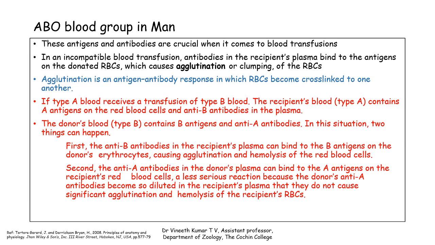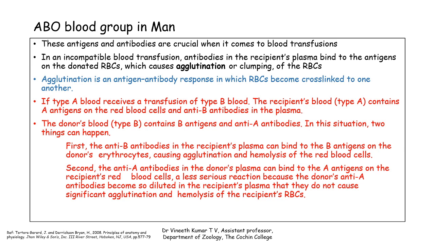The antigens and the antibodies that we discussed are crucial when it comes to blood transfusions because, as we said, if we are mixing bloods which are not compatible, that may result in hemolysis. Hemolysis is just the rupture of the RBC because of the antibody. The antibodies tend to clump the RBCs together, and the immune cells destroy the RBC, which results in hemolysis.